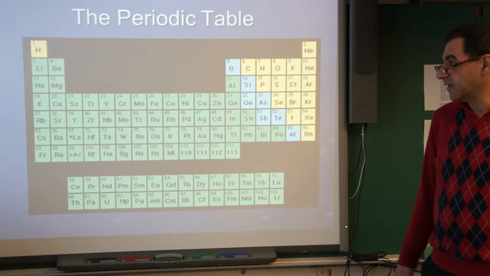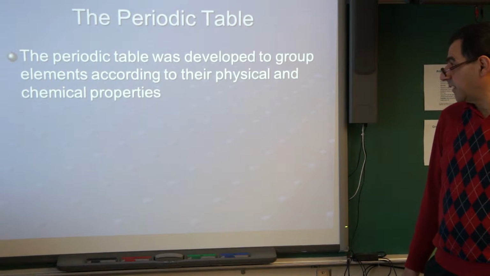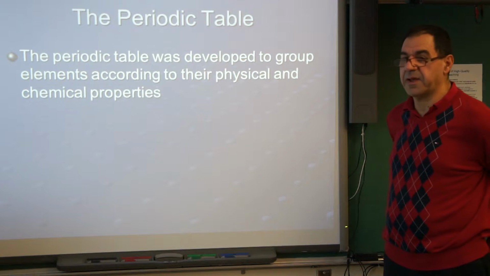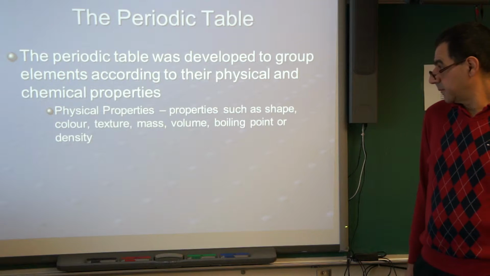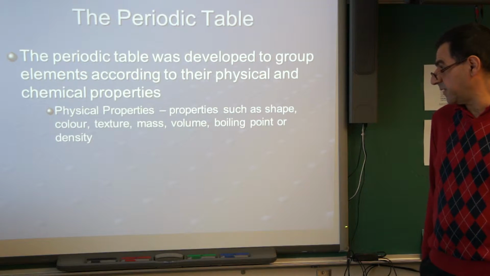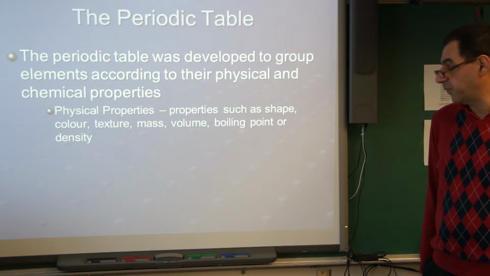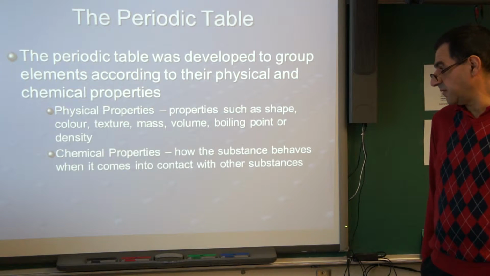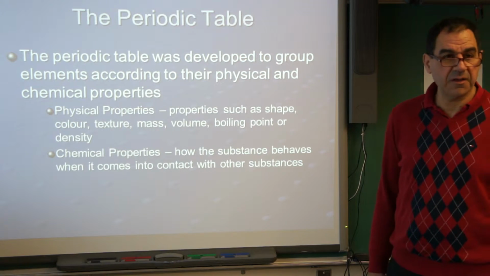The periodic table consists of different types of elements. The periodic table was developed to group elements according to their different properties, such as physical properties, such as shape, color, texture, mass, and volume, boiling point and density, as well as chemical properties, how the substances behave when they come in contact with other substances.